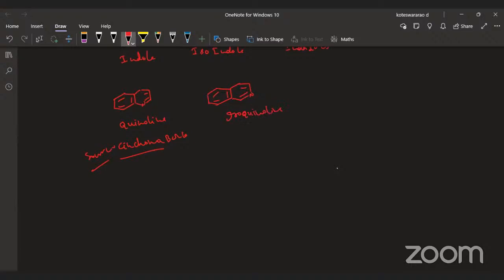Right. If you take the tricyclic systems, these are all bicyclic systems. If you consider tricyclics, carbazole, remember, is a pyrrole sandwiched between the two benzene rings. This is carbazole.